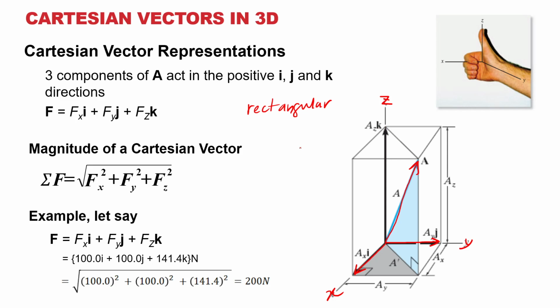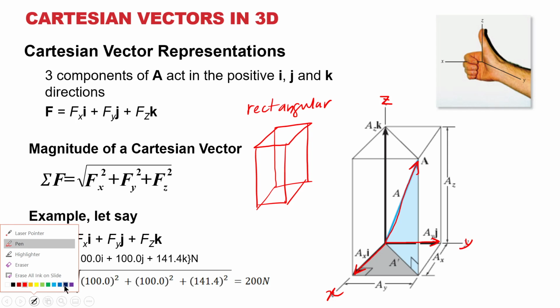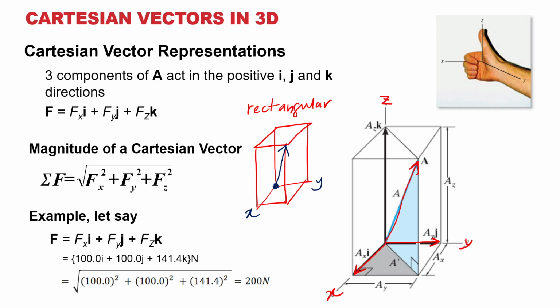If you take a look, it's basically one rectangular box. The force that you are defining is coming from the origin and goes to this edge. This is your X, this is your Y, this going up is your Z. These are all your axes.